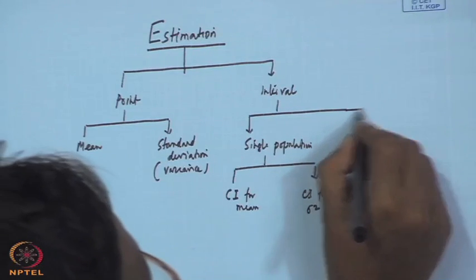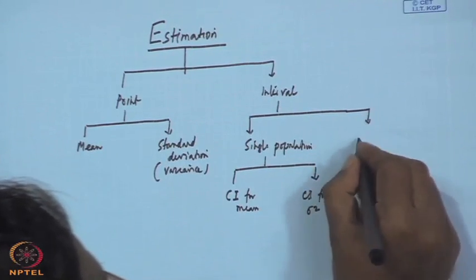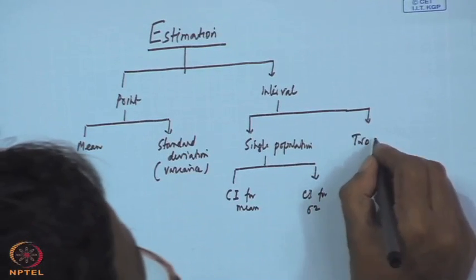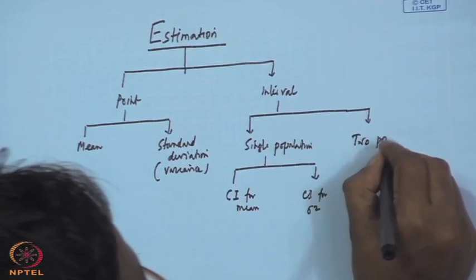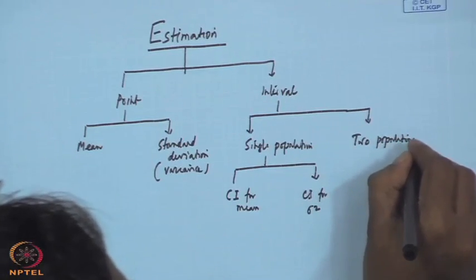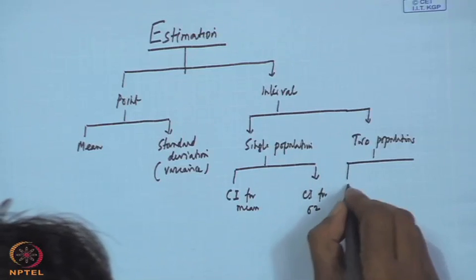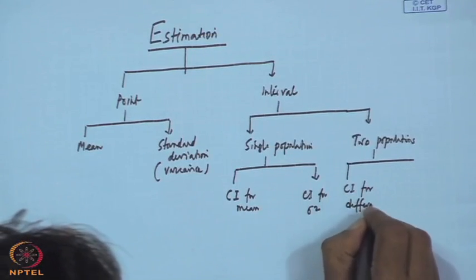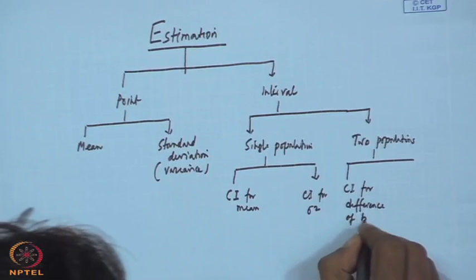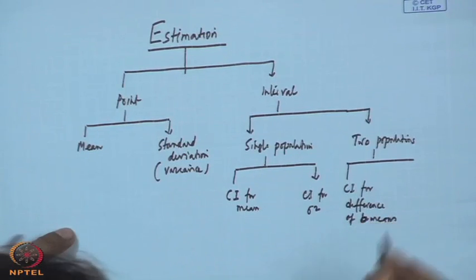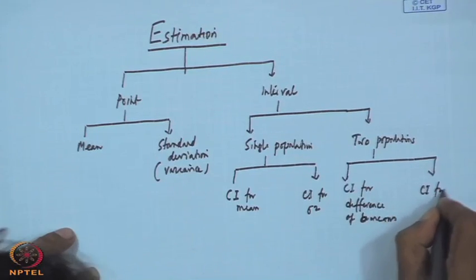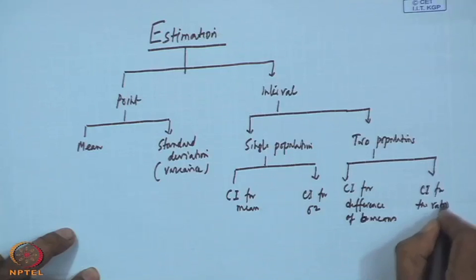And we will also discuss today interval estimation for the difference of means between two populations. Here also the CI or confidence interval for the difference of means between two populations, and the confidence interval for the ratio of two population variances.